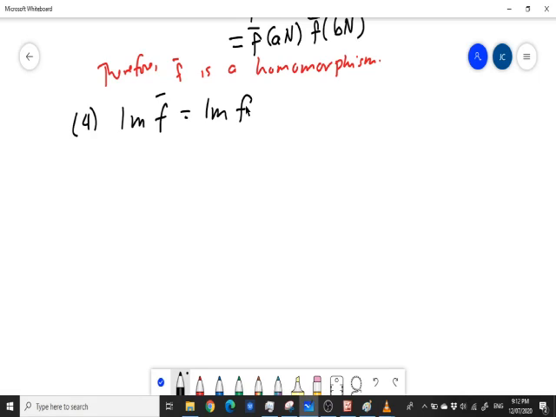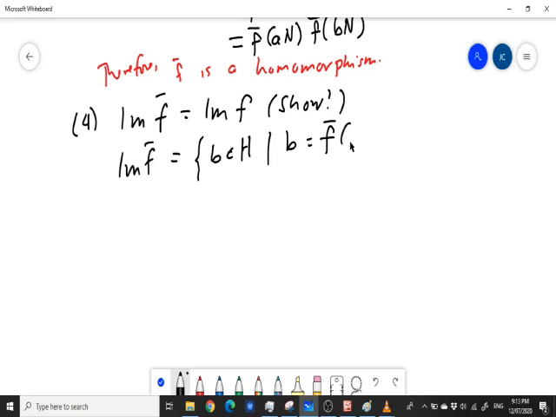So what is the image of f bar by definition? It is the set of all elements p in H such that p equals f bar of a n for some a n in G mod n.